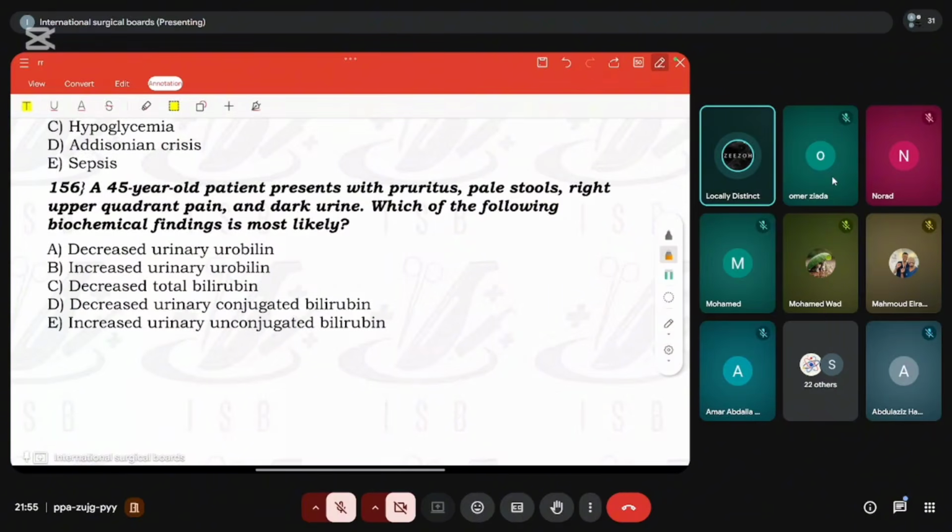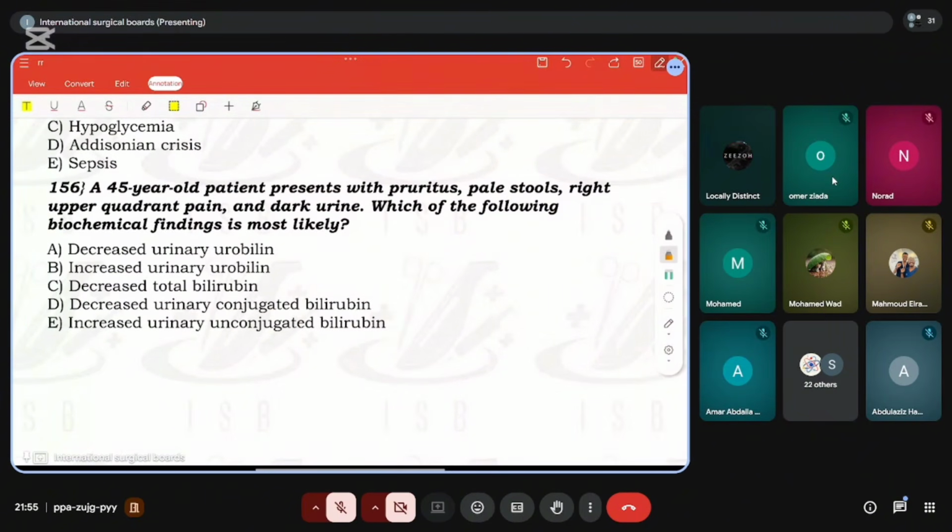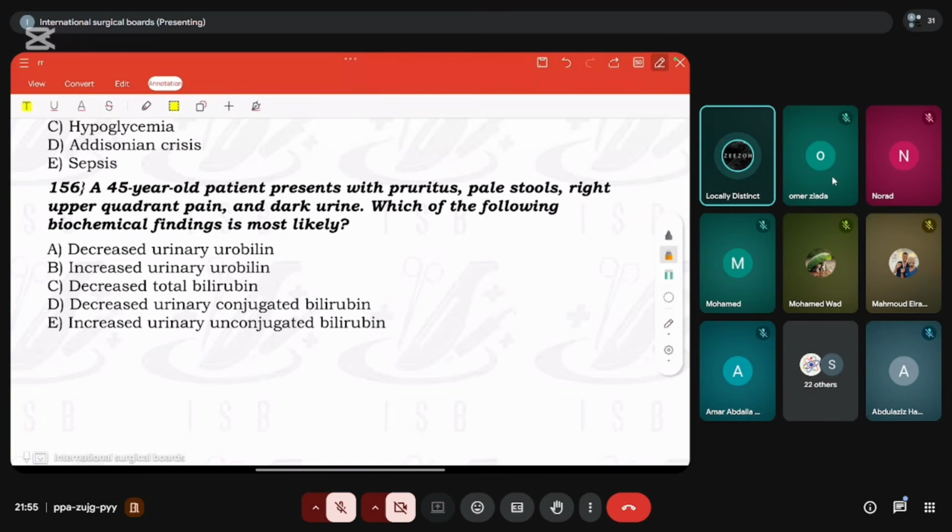Increased urinary urobilinogen. How is that? Although that is obstructive, it is also seen with unconjugated hyperbilirubinemia. Decreased urinary conjugated, increased urinary unconjugated. I'm gonna go with B.